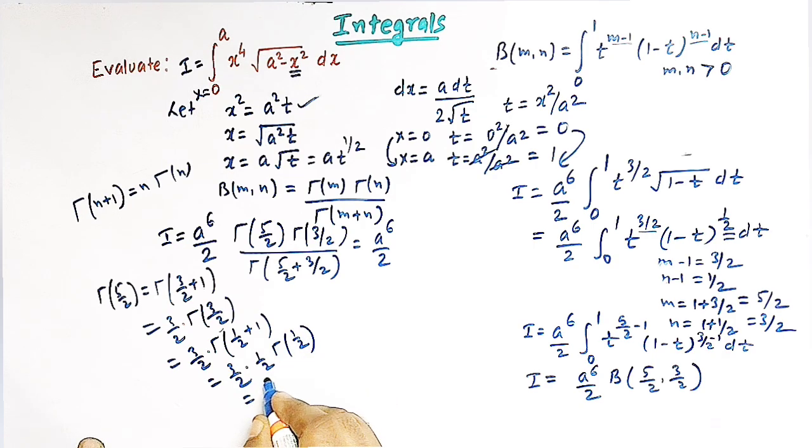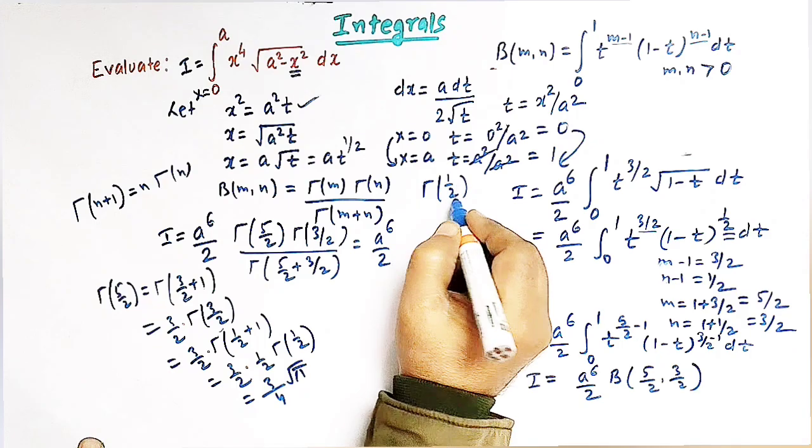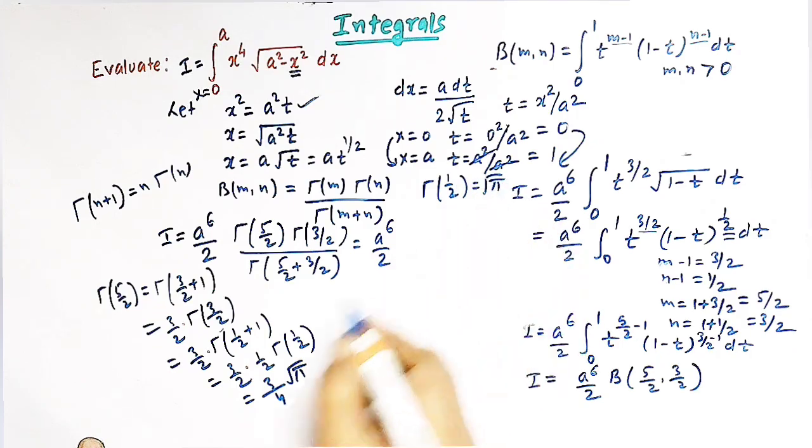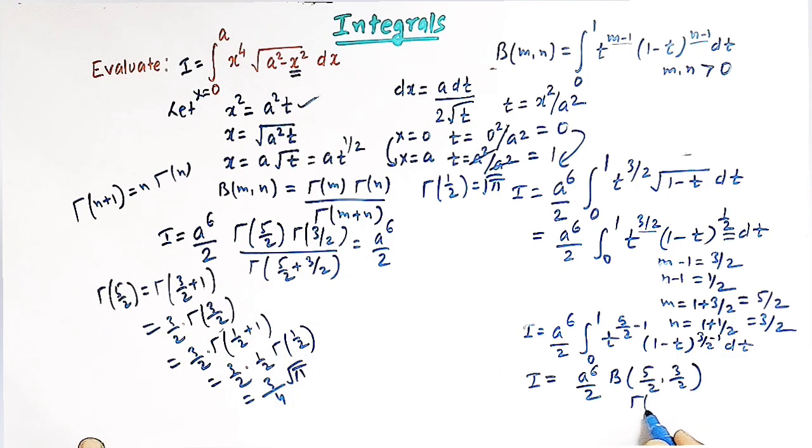So this is 3 over 4 times gamma half. Gamma half is equal to square root of pi, right? Now gamma 3 over 2 is equal to half times gamma half, that is half times square root of pi.